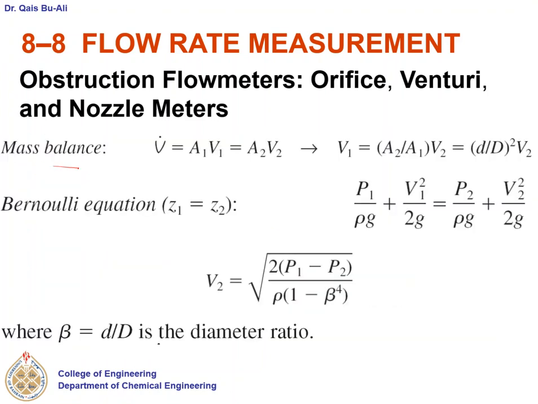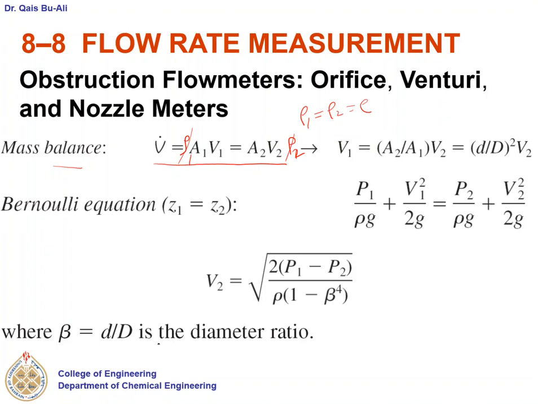By the mass balance, since I have steady flow, the volumetric flow rate before and after is the same. But then you will say, okay, why volumetric flow rate? We don't have a volumetric flow rate balance, we have mass balance. I will say, yeah, because this is incompressible flow, so you can multiply rho 2 here and rho 1 here, and you cancel them because rho 1 is equal to rho 2 is equal to rho.